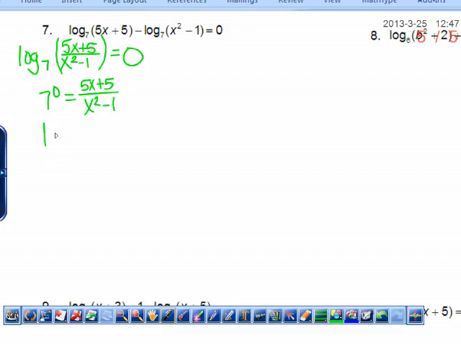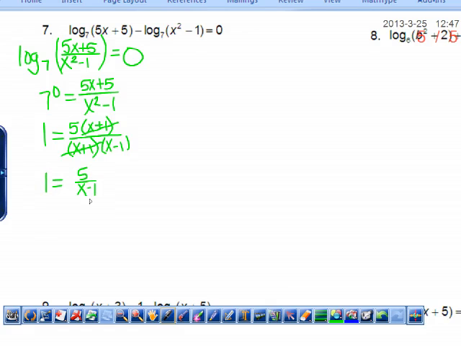1. Okay, and factor these. How does 5x plus 5 factor? What about x squared minus 1? X plus 1 times x minus 1. Do you notice anything that we can do? Yeah, the x plus 1's cancel. You don't have to cancel them.